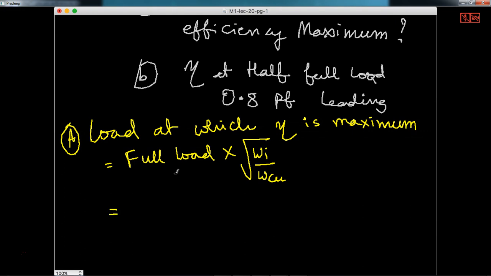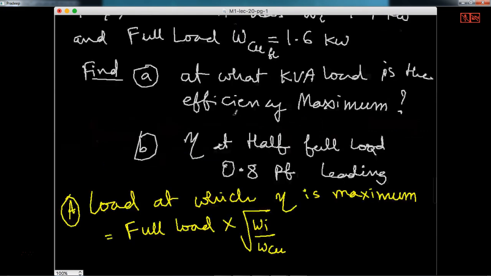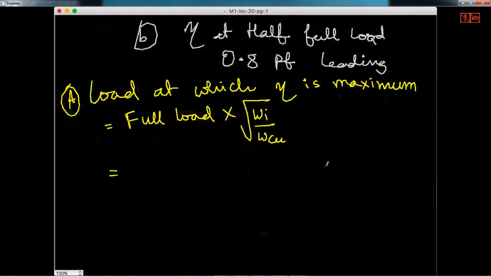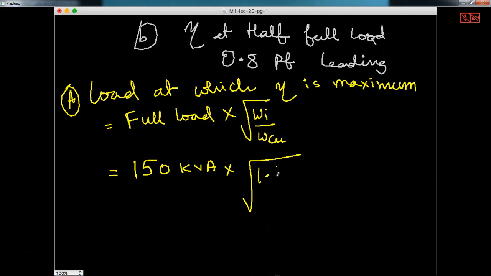So what is the full load? Now look at the kVA of the machine, 150 kVA. So you go back here, I can substitute 150 kVA multiplied by iron loss 1.4 kilowatt and copper loss under full load 1.6 kilowatt.